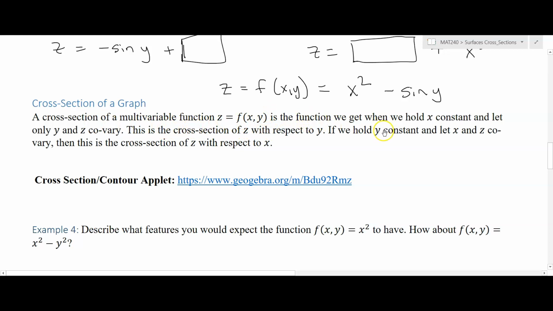If we hold y constant and let x and z covary, then this is the cross-section of z with respect to x. So if what we're looking at is z versus x, this is the cross-section of z versus x. And if we look at z versus y, then that's the cross-section of z versus y.